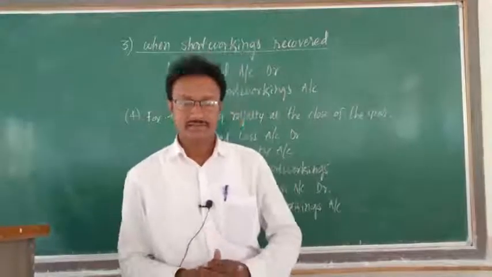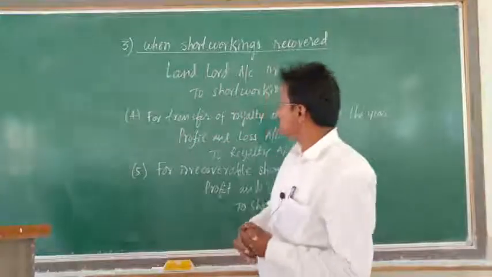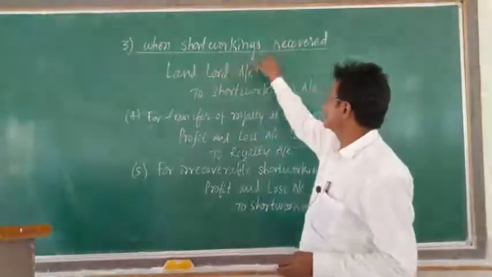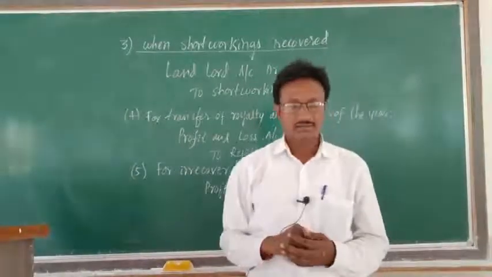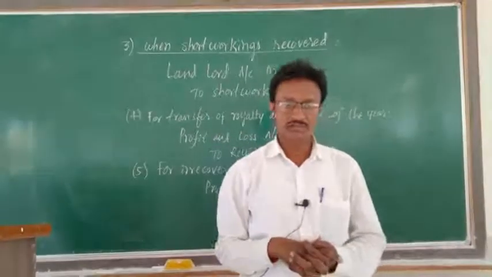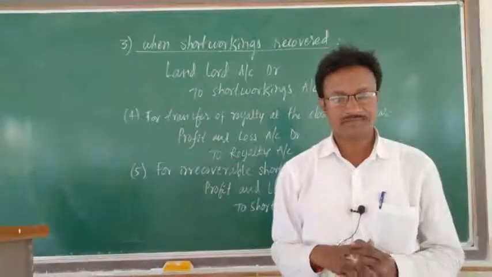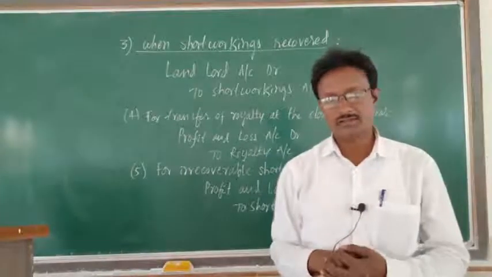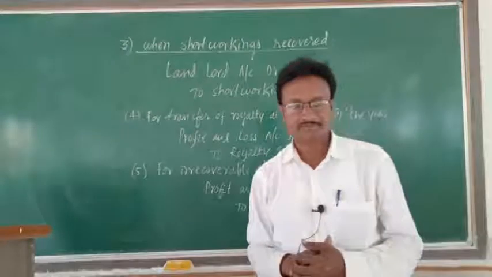Next, the third journal entry is when short workings are recovered. We have already known the meaning of recoupment of short workings. Recoupment of short workings means recovery of short workings.